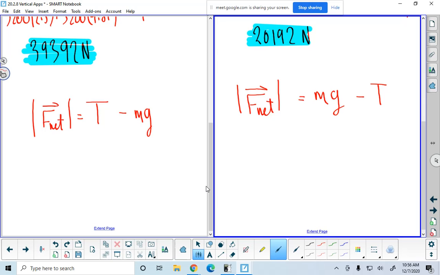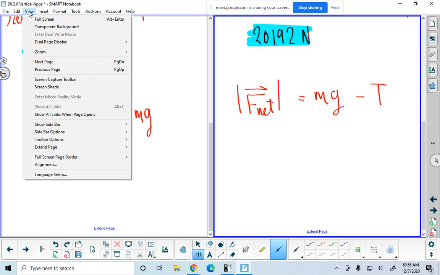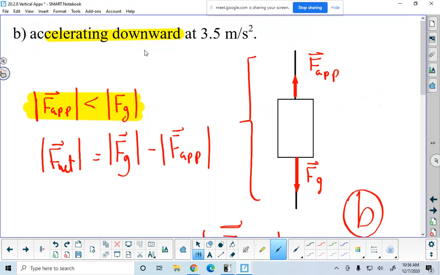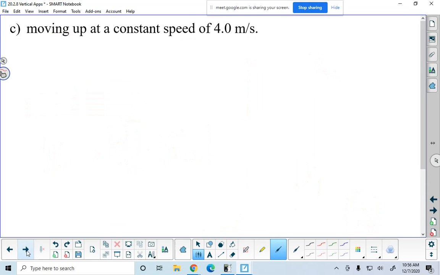So now what I would like everybody to do is think about C. What if the elevator is moving up at a constant speed? My question to you is: is the applied force up bigger than the force due to gravity down in magnitude?